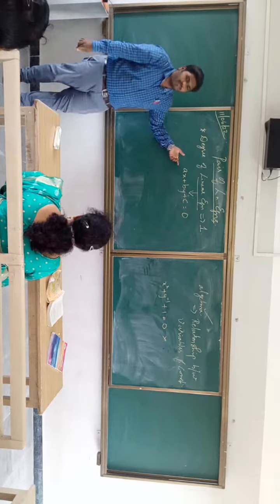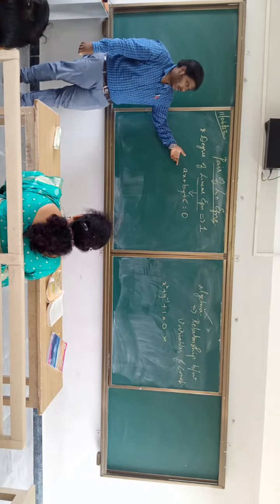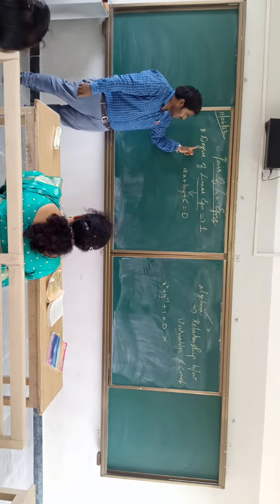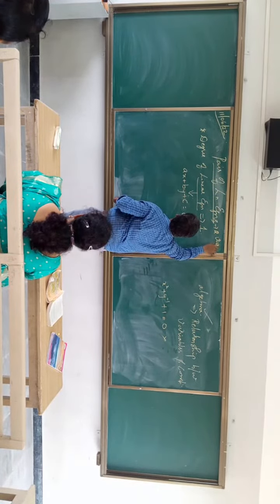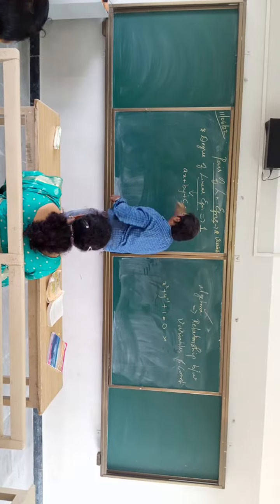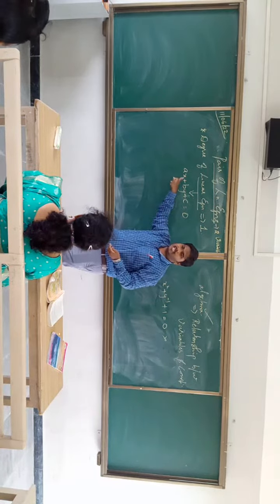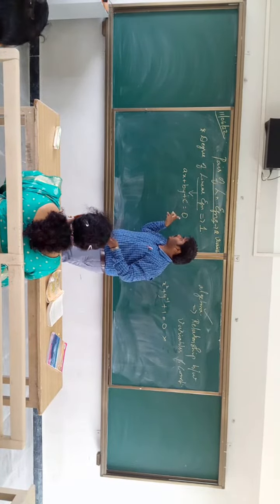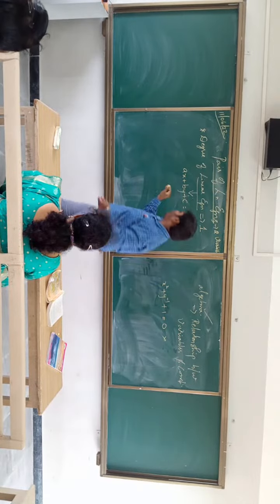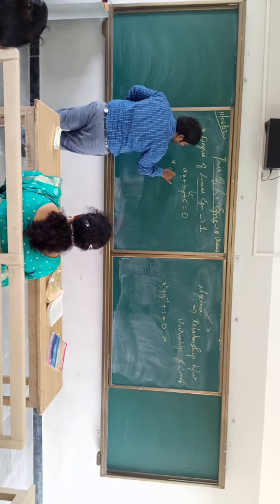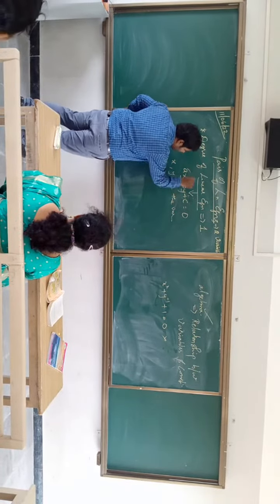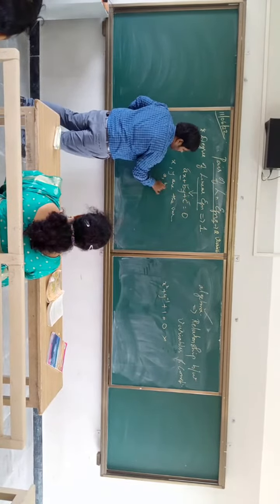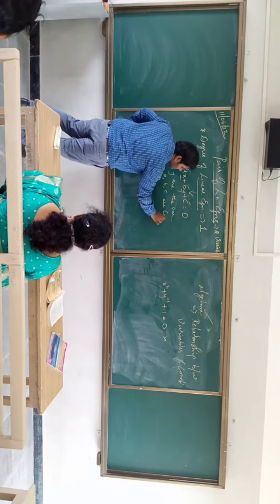This is the general form of a linear equation in two variables. Here the variables are x and y, and a, b, c are constants.